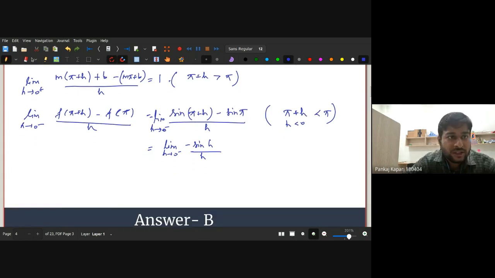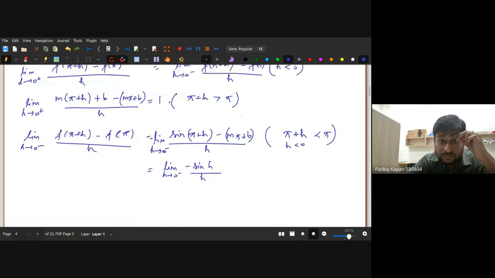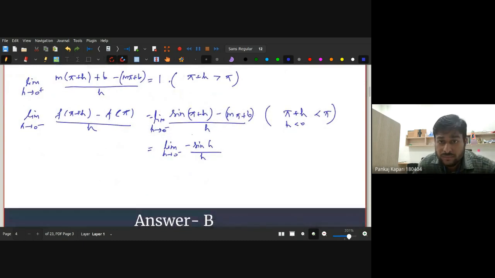Okay, so there is a little bit of a mistake here. This is not sin pi. At pi, the function is given by, again, m pi plus b. So this is m pi plus b, so we can write it m pi minus b.